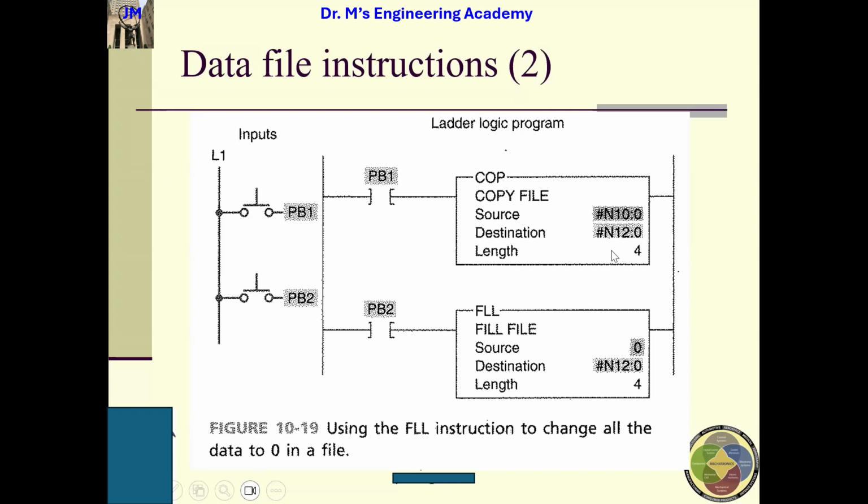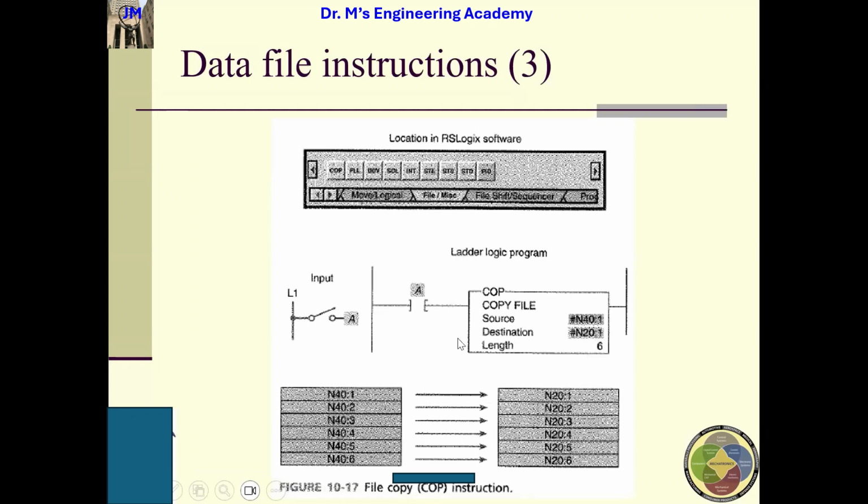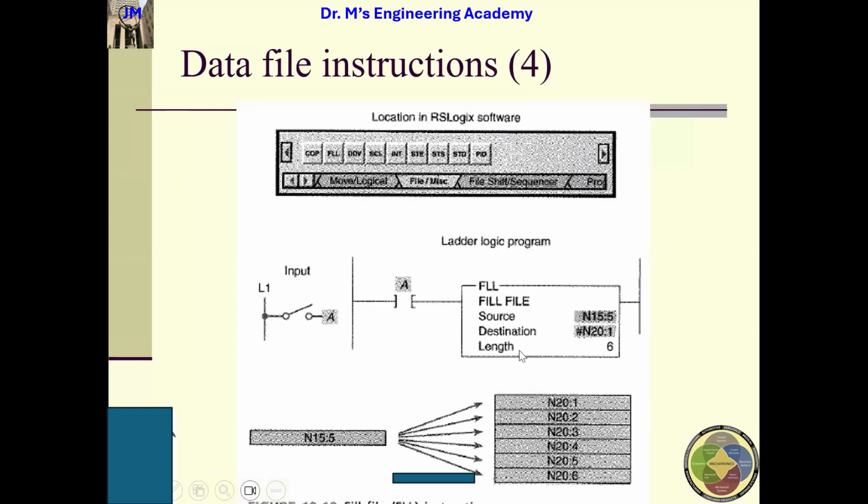How long do I want to copy? 4 bits, I'm sorry, 4 bytes. So here it shows copy from here to here with a length of 6 units. So fill what? Fill this number.